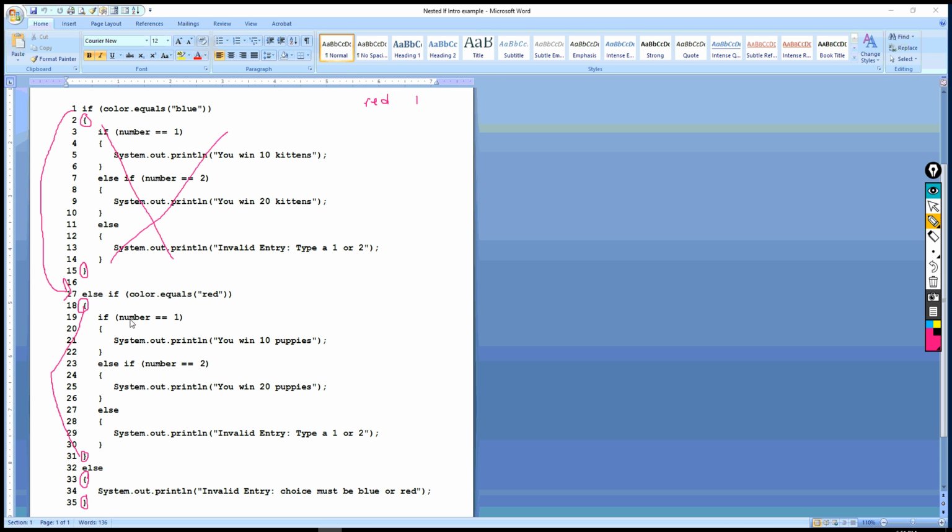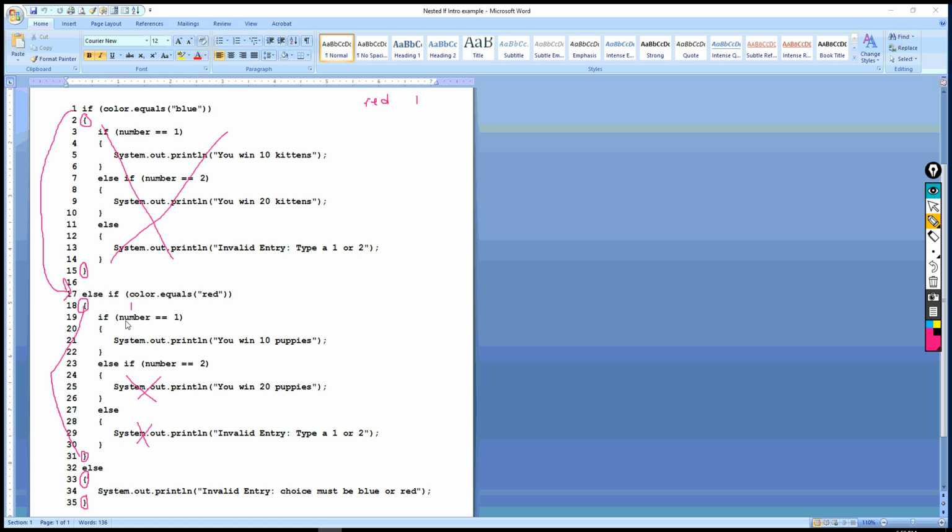And so it says if number equals 1. Well, the number was 1, so the Boolean expression is true, so it's going to do the if clause. It's going to ignore the else if clause and the else clause, because this is the only thing we're looking at here in the program.